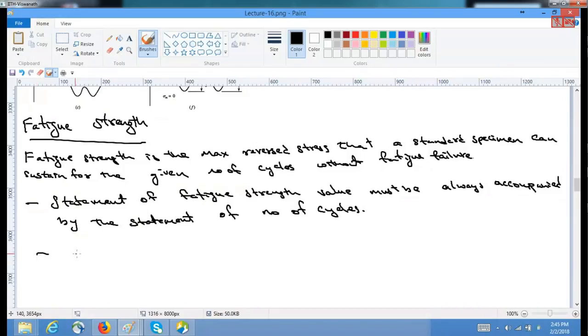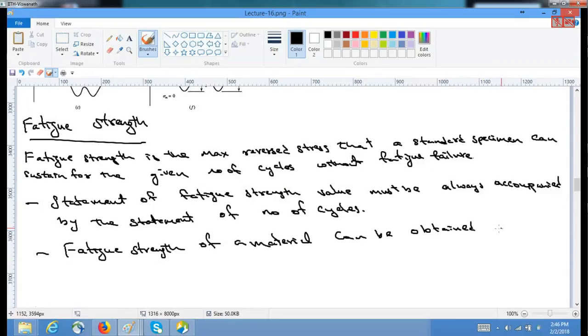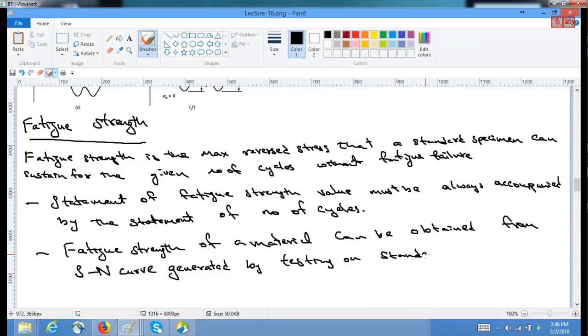Further, fatigue strength of a material can be obtained from the SN curve generated by testing on standard specimen.